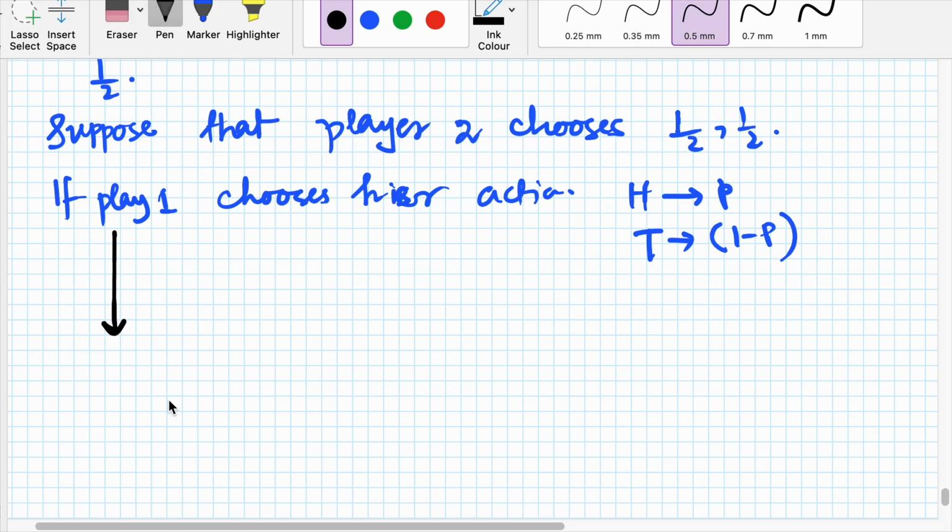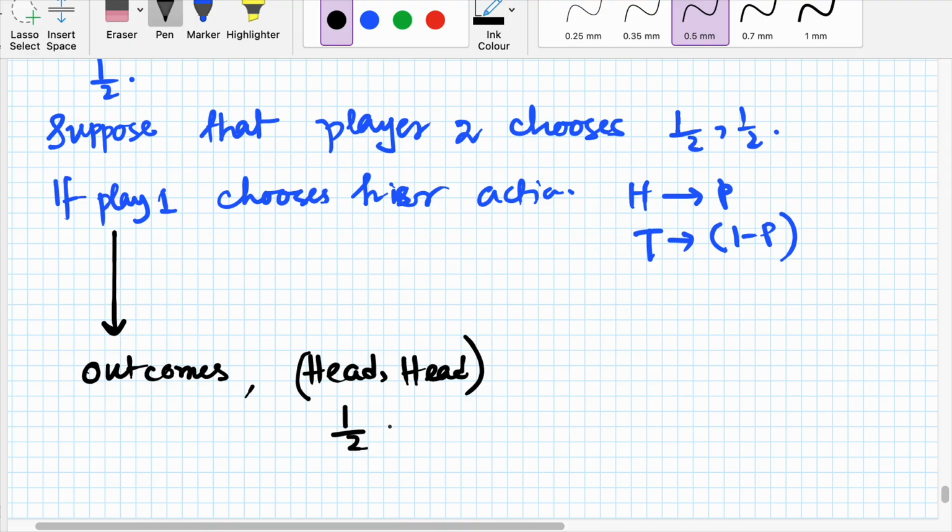So the outcome head, head, that means player 1 plays head and player 2 also plays head, will come with probability half into p, and similarly head, tail with probability half into 1 minus p.